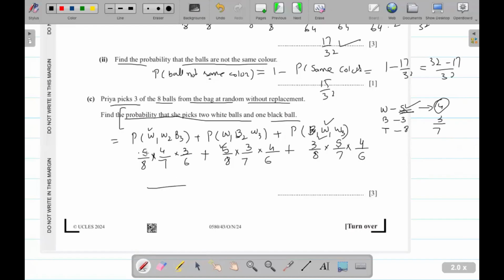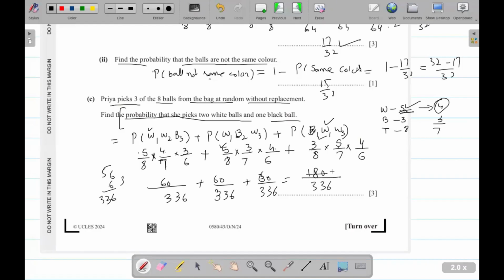You can write this as 5 times 4 is 20, 20 times 3 is 60, over 8 into 7 into 6, which is 336. Plus this will be 5 times 3 is 15, 15 times 4 is 60, over 336, and next is 60 over 336. We write 60 plus 60 plus 60, this is 180 over 336.